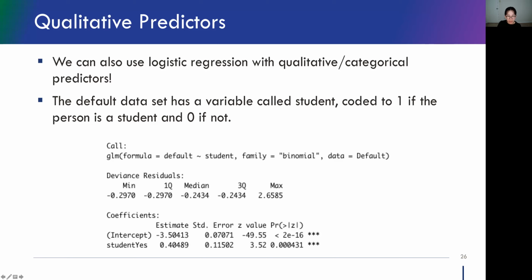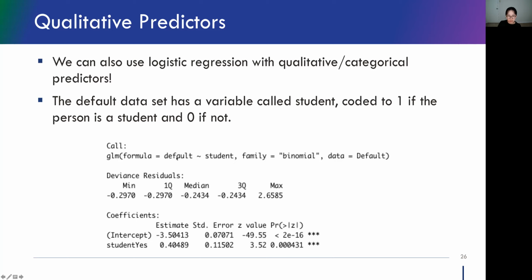We can also use logistic regression to make predictions if we have a qualitative predictor, like a categorical or binary one. The default data set has a variable called student. We code it as 1 if the person is a student and 0 if not.